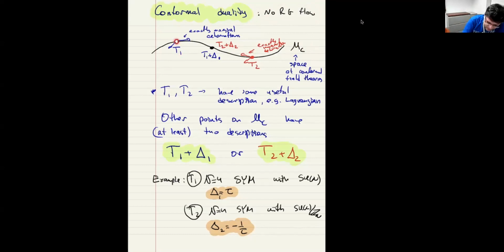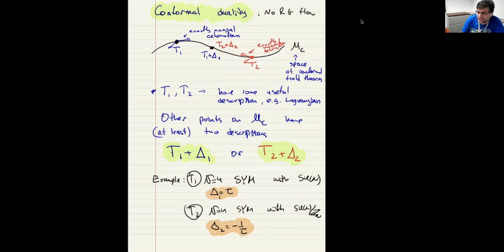That means that this theory T1, which is defined in a certain way, has exactly marginal deformations. And any theory on this conformal manifold can be reached by deforming this theory T1 with some exactly marginal deformation. So any point on this conformal manifold can be thought of as starting from this theory T1, adding an exactly marginal deformation with some value of the coupling, and that will be the point on this conformal manifold.